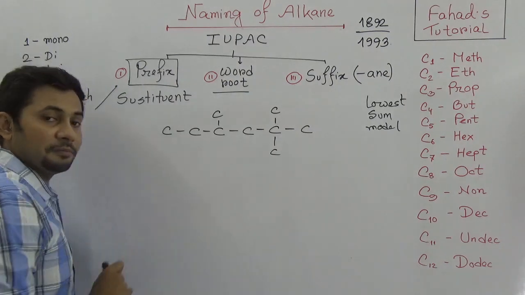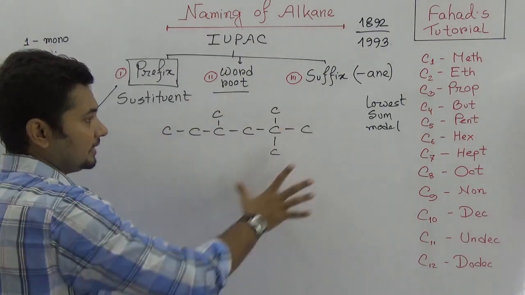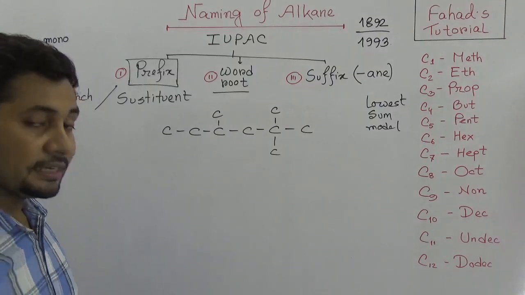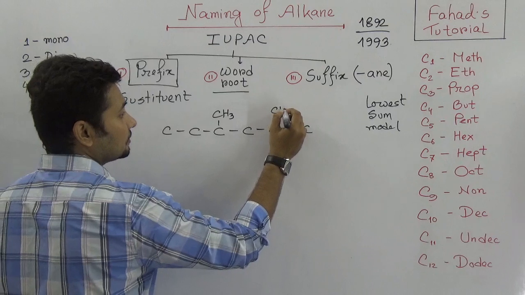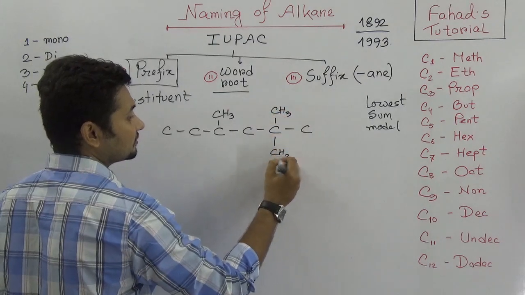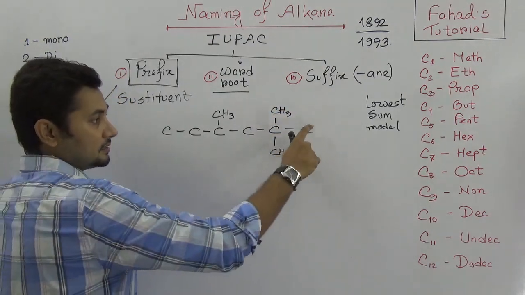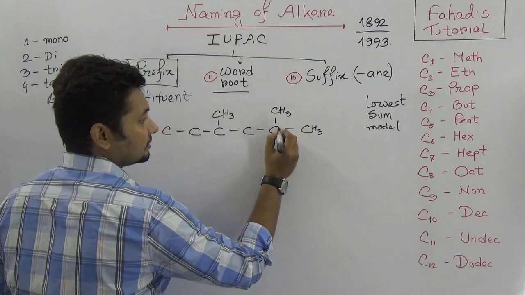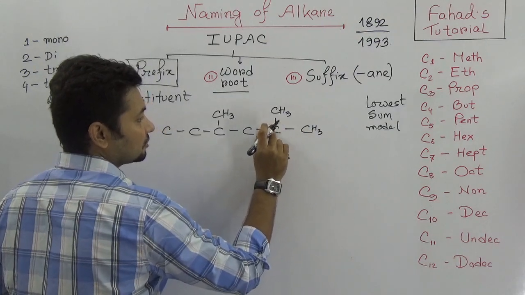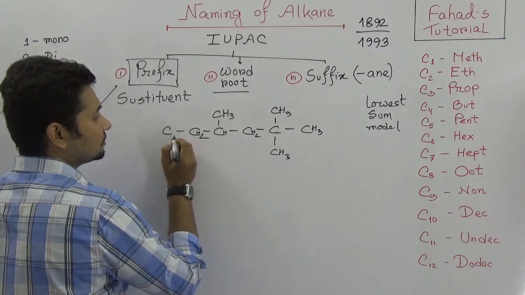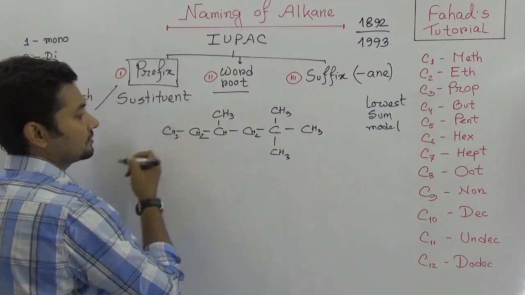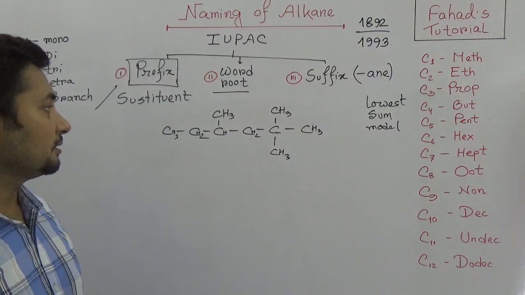Suppose this is the compound and the other side is occupied with hydrogen. Now let's think, there is a methyl group, there is also a methyl group, there is also a methyl group, and this is CH3, there should be nothing, CH2, CH, CH2, CH3. What should be the name of this compound?